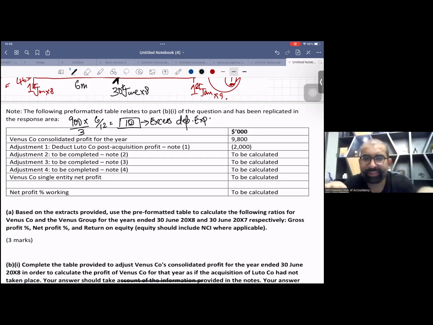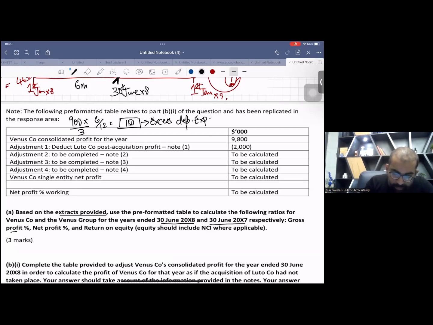Take it. Now, based on the extracts provided, see, this is basic English. Extracts provided means ready-made data, whatever data is given in the above income statement and SOFP. Use the pre-formatted table to calculate the following ratios for Venus Company and Venus Group for the year ended 30th June X8 and 30th June X7 respectively.